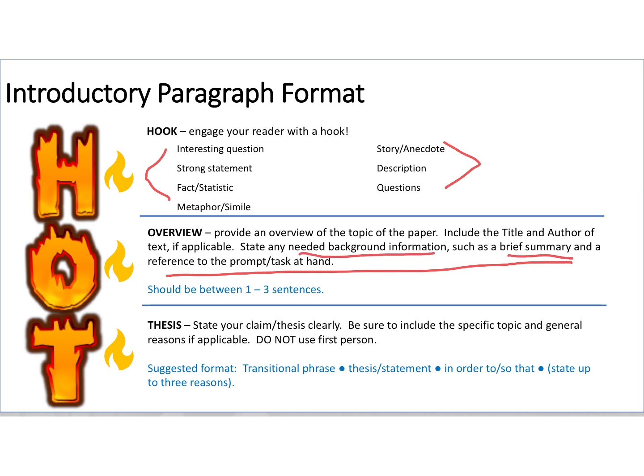This is where a reference to the prompt and task at hand goes. So if you wanted to move what we just talked about out of your thesis, this is where you would put it. This is going to be 1 to 3 sentences. And then you're going to state your claim and thesis. You are not going to use I think, I believe, in my opinion. You're not going to use first person.